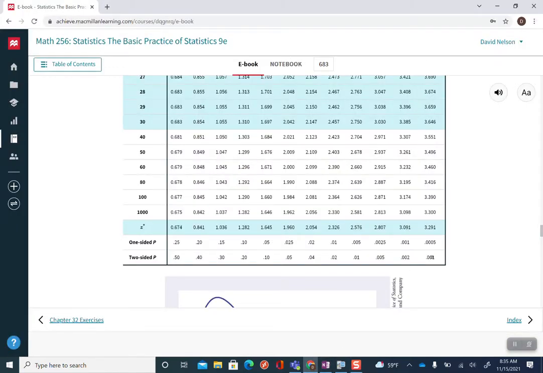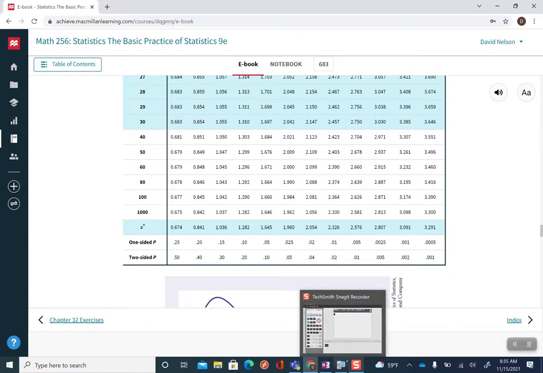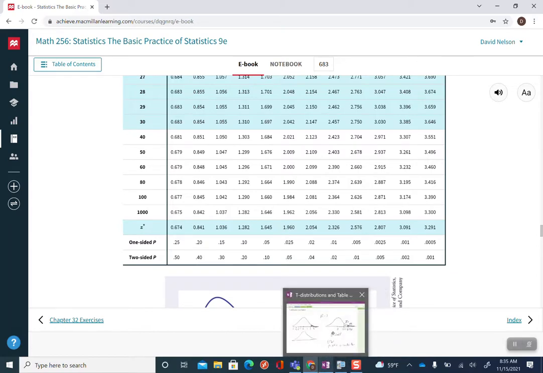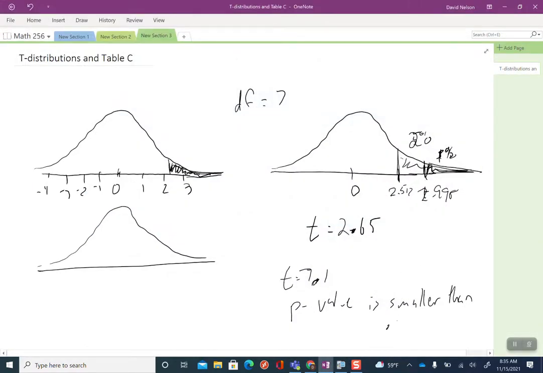It looks like it's 0.0005. So it's a pretty small p-value.